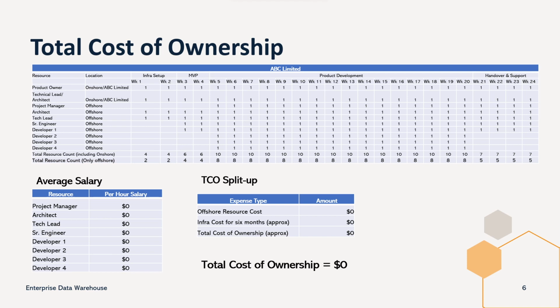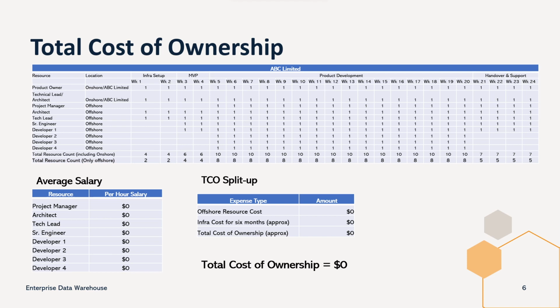But in the MVP phase, we are adding 2 more resources to do the development activity. When we come to the data warehouse build activity, we are going to deploy a total of 8 resources from our organization. It will go till the end of product development, and then in the last handover session, we will deploy only 5 resources. The average salary table shows the average salary per hour per resource in dollars.